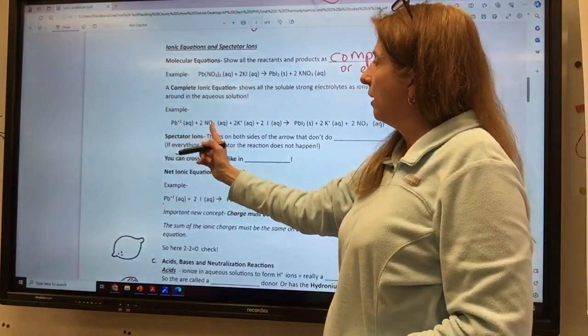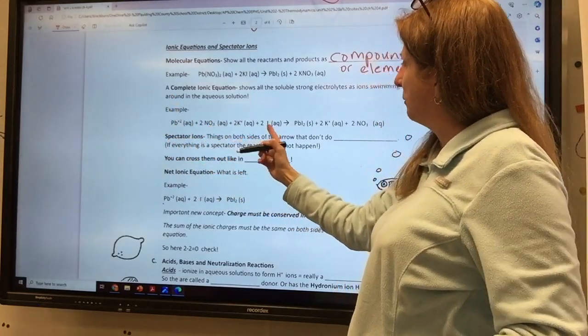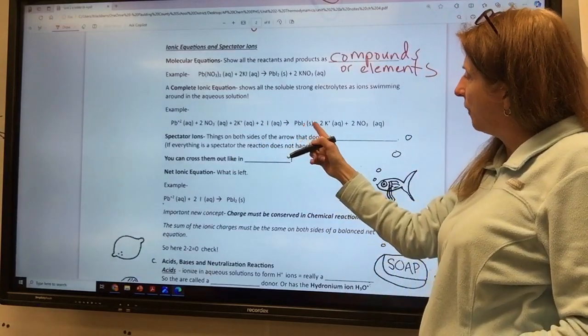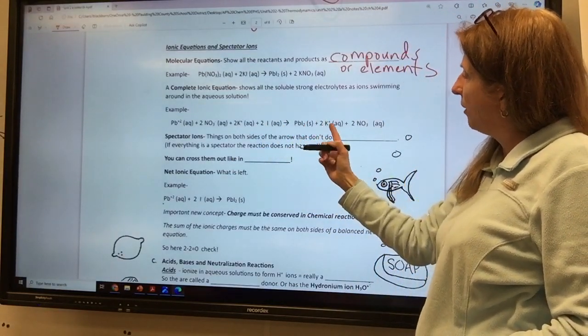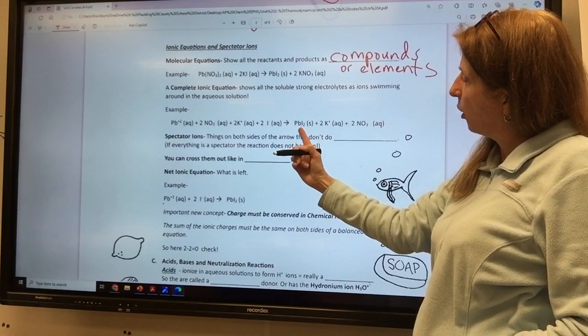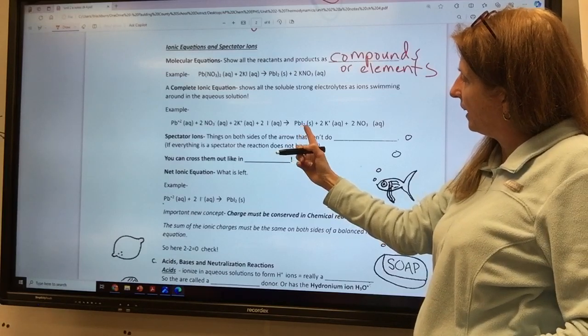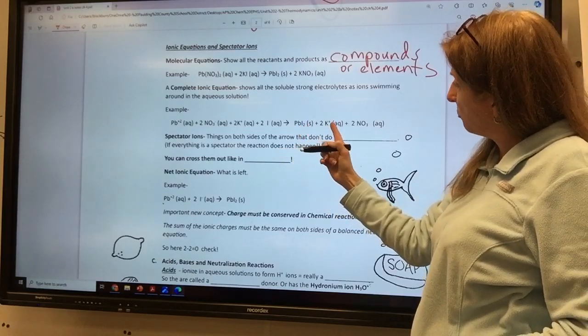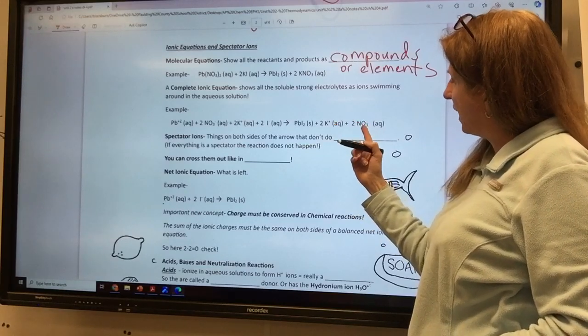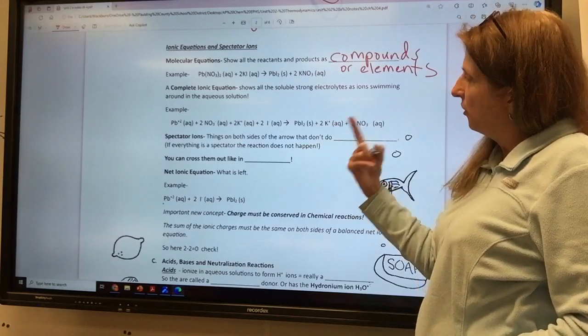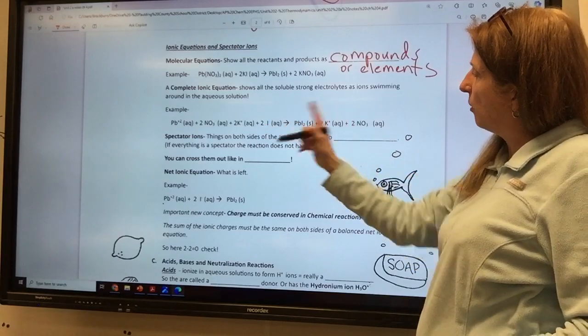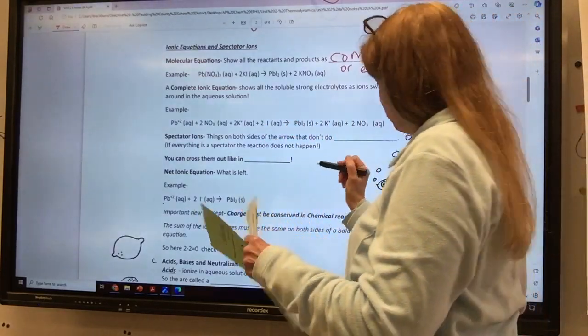Everything's swimming. Nitrate swimming, potassium swimming, iodide swimming, and then we pour them together, and this is our yellow paint stuff, our lead iodide. So the potassium is still swimming, and so is the nitrate. Notice there are things on both sides of the arrow that don't do anything.